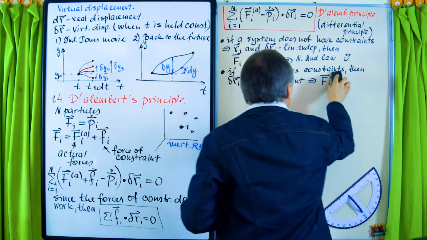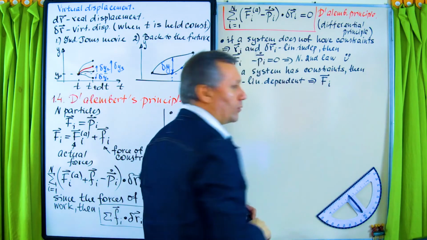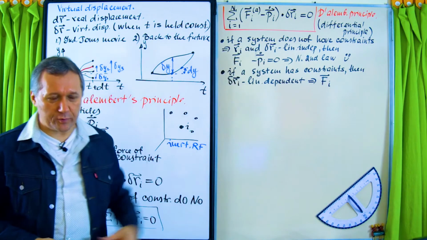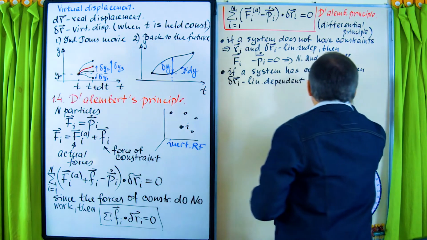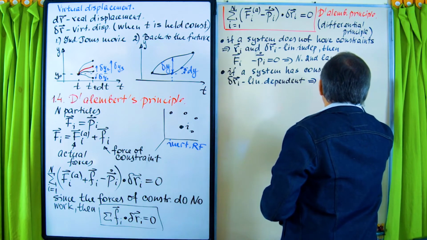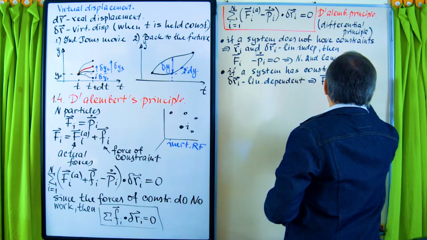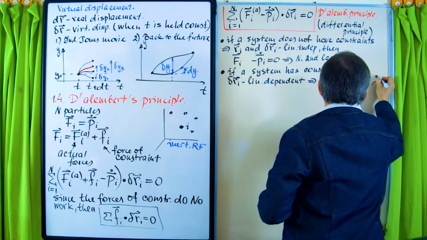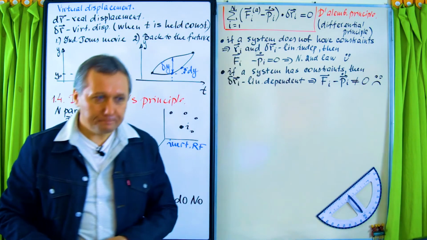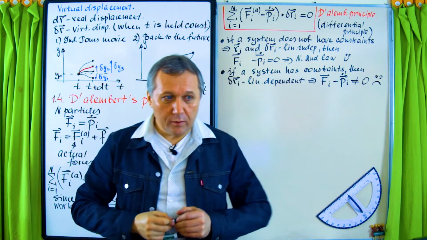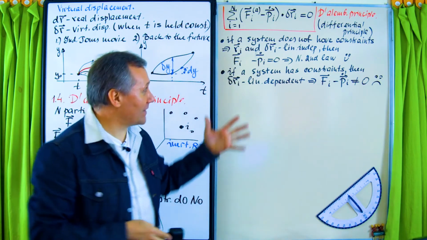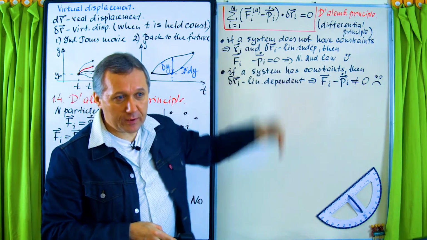All the forces are going to be actual forces over there. So Fi minus Pi dot is no longer 0, and I will put a big sad face. So now we cannot get an equation of motion as easily as in the first case. So what can be done?